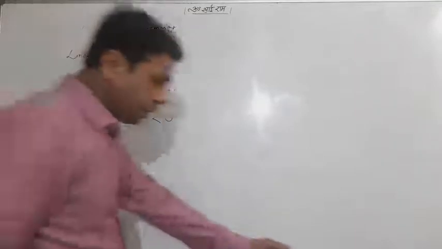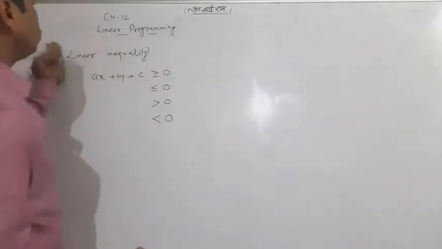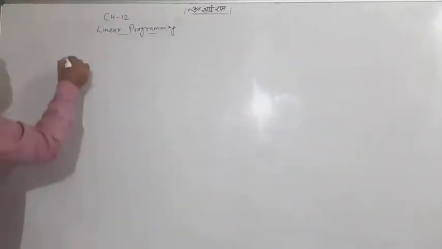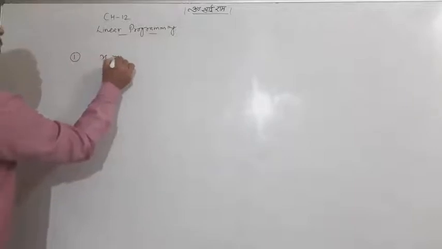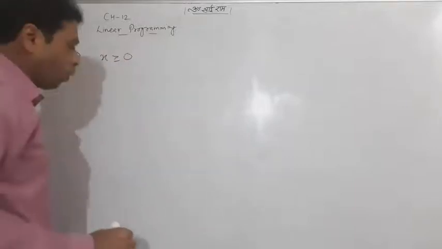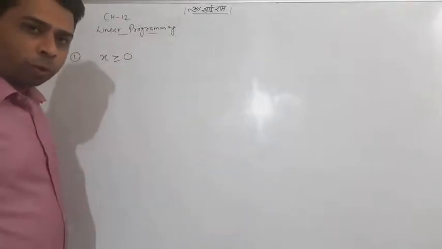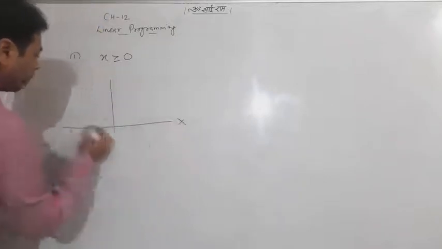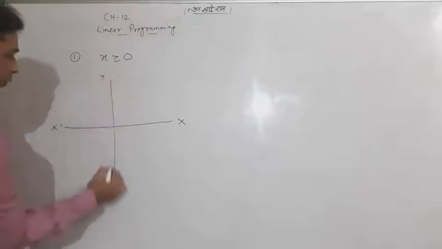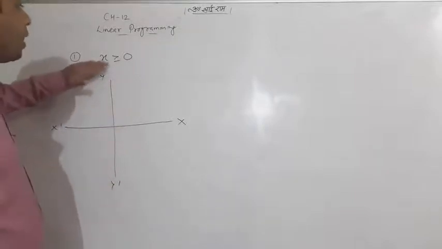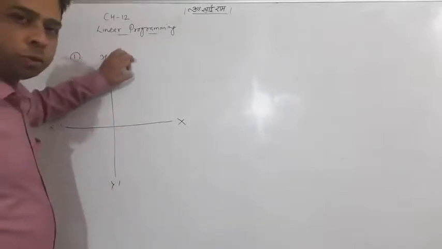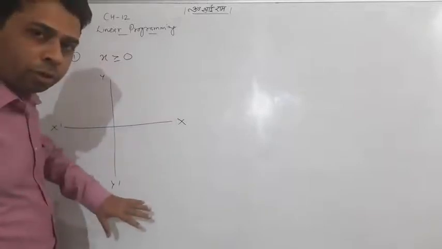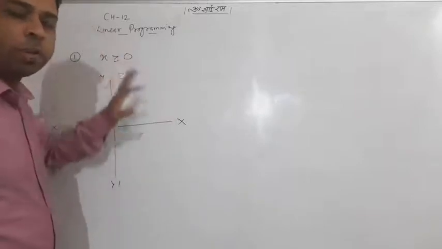So let me start with the simple thing which you know. First of all, what is the meaning of x greater than or equal to 0? If we make the x-axis, x dash, y and y dash, for x greater than or equal to 0 we have to find the region where x is positive.